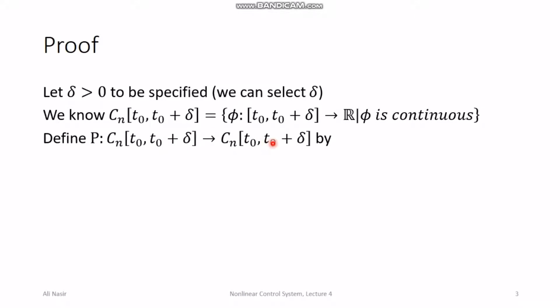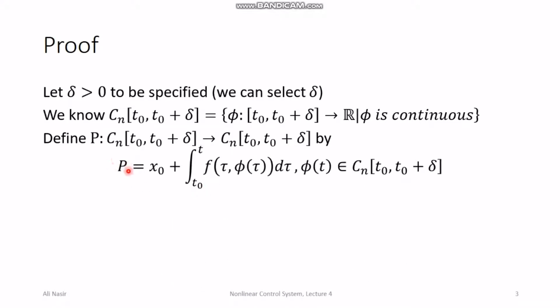So this is a function which takes in a continuous function and generates another continuous function, and it is defined like this: P is a function of phi of t and t itself, with some initial condition x naught. The way we have defined this P function is exactly the same way that we defined the solution of a differential equation.